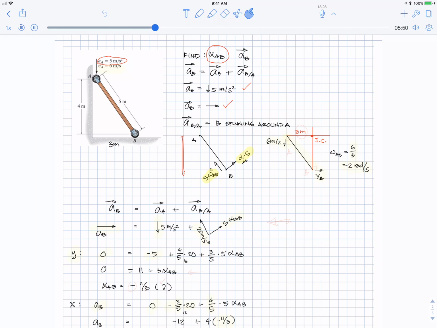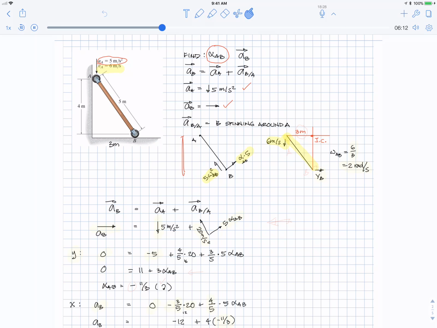So we're going to need to know omega to solve this problem, but we can get omega using instantaneous center. So if we now turn our attention to velocities, here is bar AB. We know that the velocity of A, we're given that the velocity of A is 6 meters per second down.